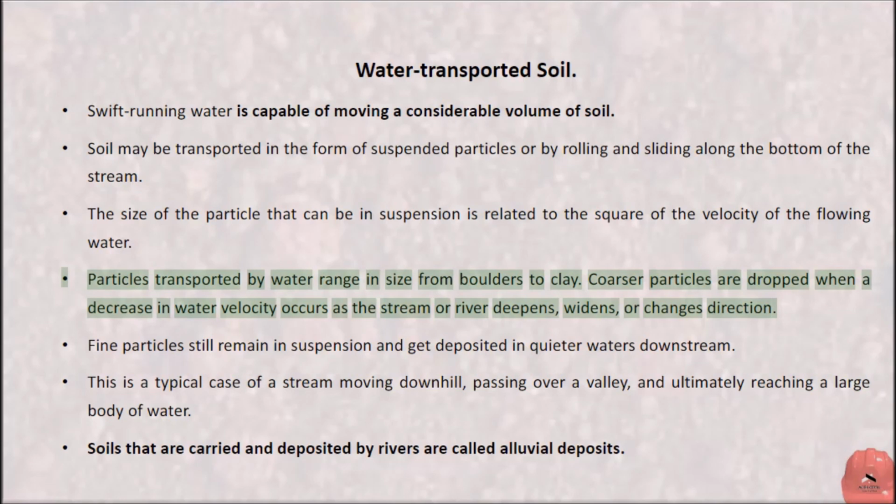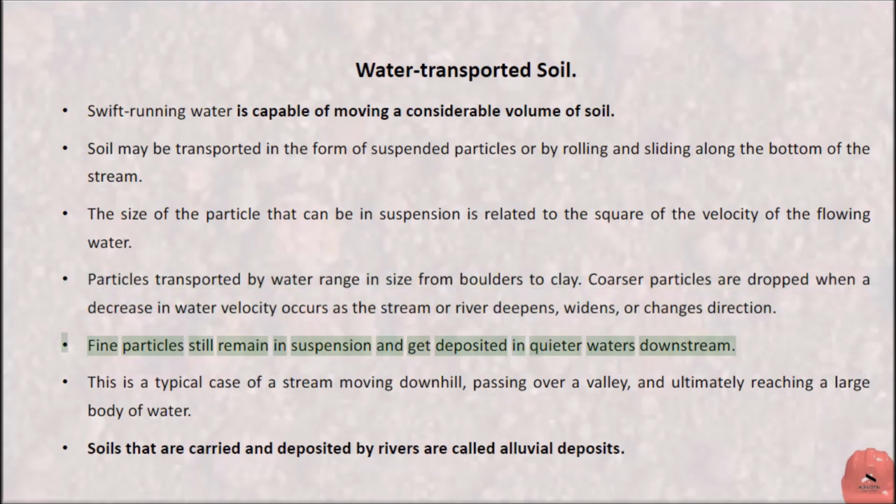Particles transported by water range in size from boulders to clay. Coarser particles are dropped when a decrease in water velocity occurs as the stream or river deepens, widens, or changes direction. Fine particles still remain in suspension and get deposited in quieter waters downstream.